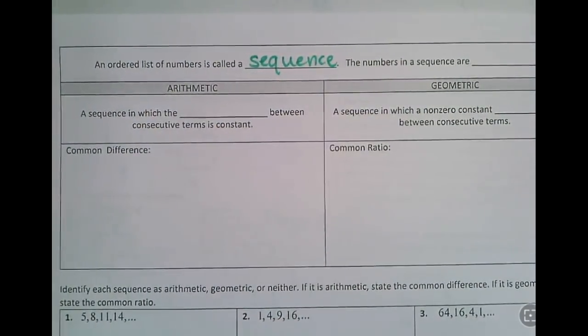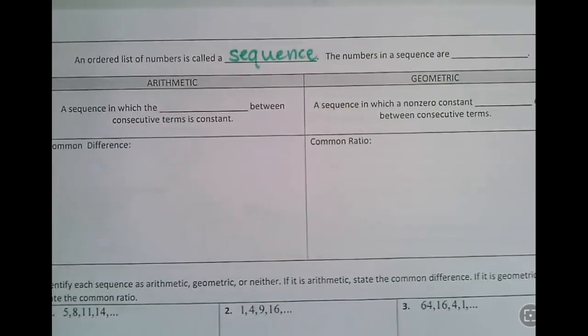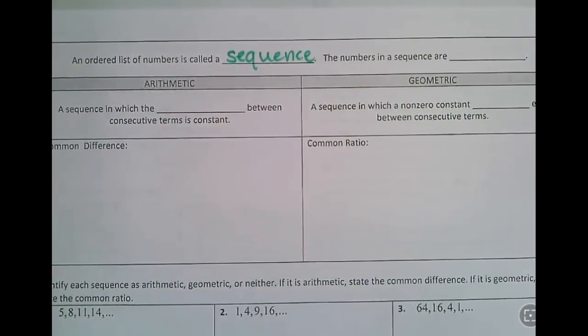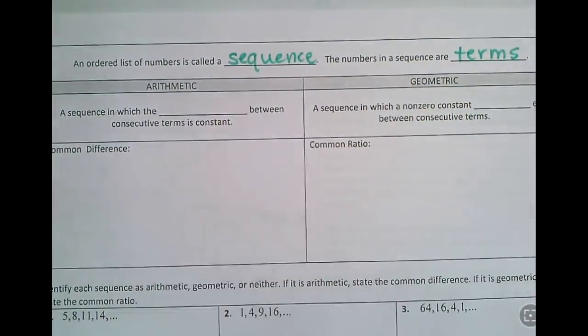Sequences is basically just a pattern. So we're going to notice some patterns going on here. The numbers in a sequence are called terms. Between our arithmetic and our geometric, we've got a big difference here. We noticed from that first part that one of them was linear and the other one was not.